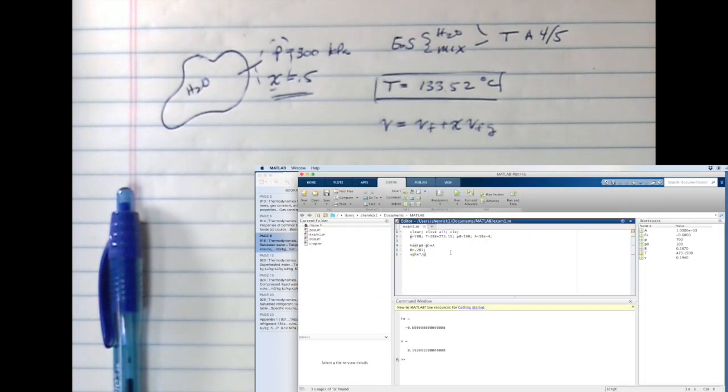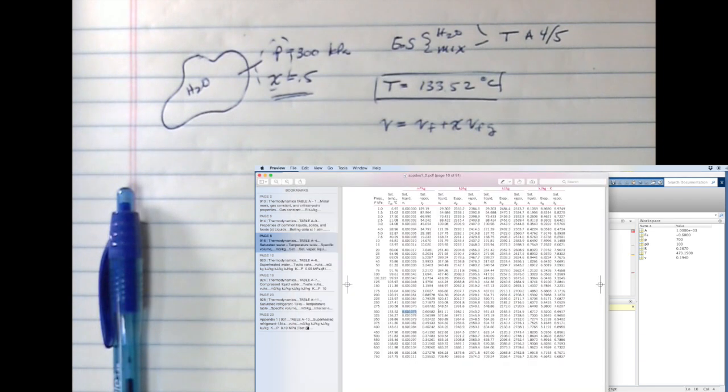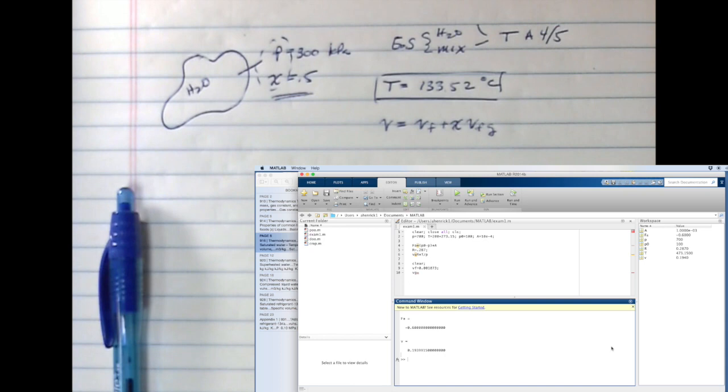and we'll go down here and clear this so we can start new and fresh. VF is that. VG will be its next door neighbor at 300 kPa.